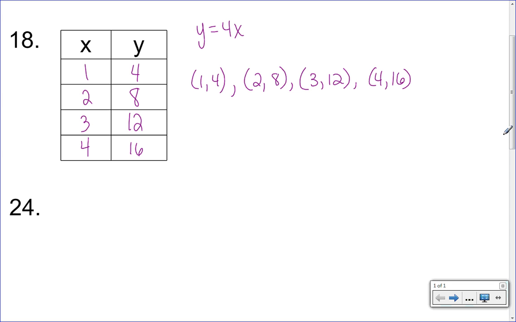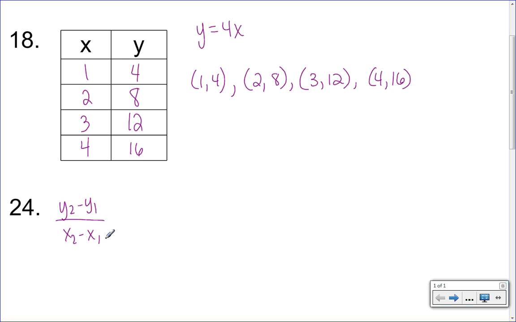Okay, number 24. It says to find the rate of change for the linear function shown below. Alright, so in that table, to find the rate of change, remember that's the same thing as slope, so you can do that using the slope formula, y2 minus y1 over x2 minus x1. Or you can just do that by subtracting the values in the table. Either one is fine.